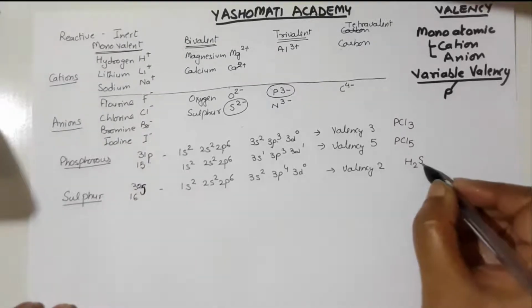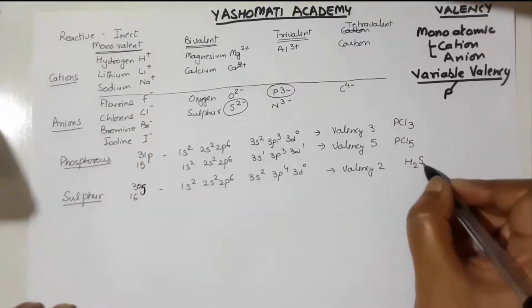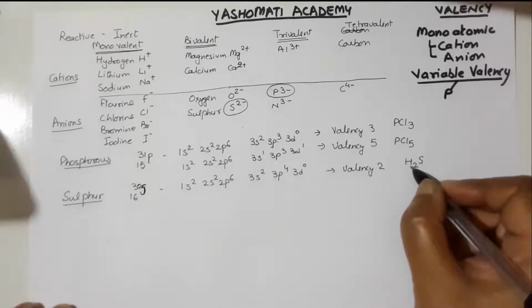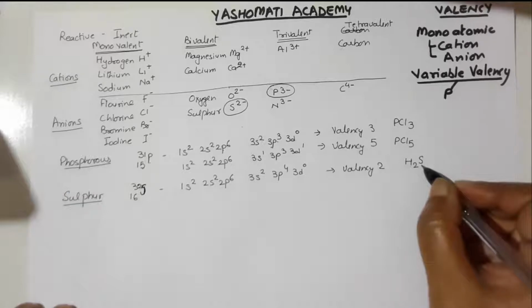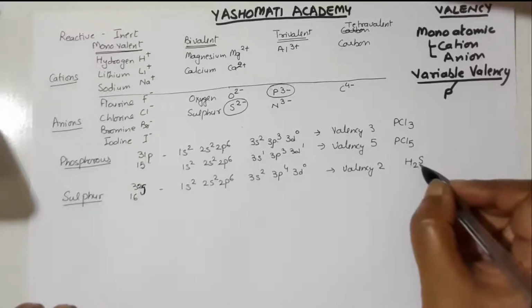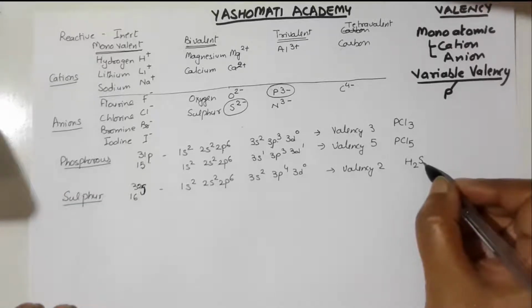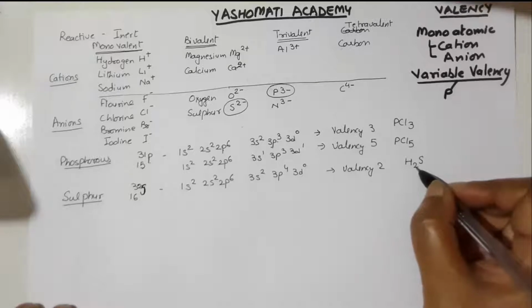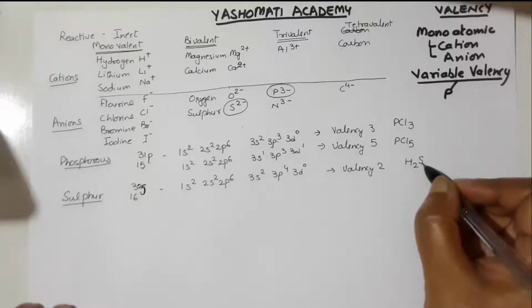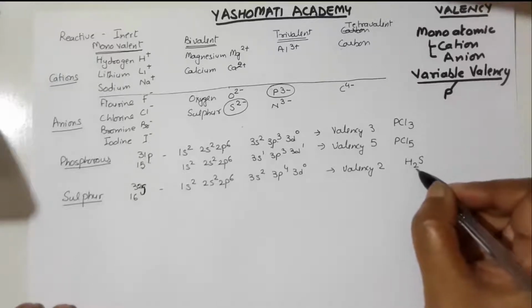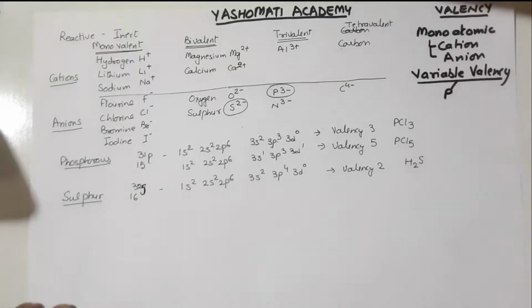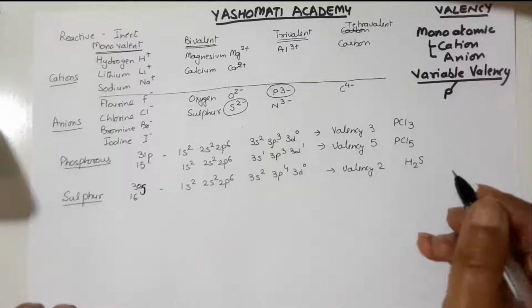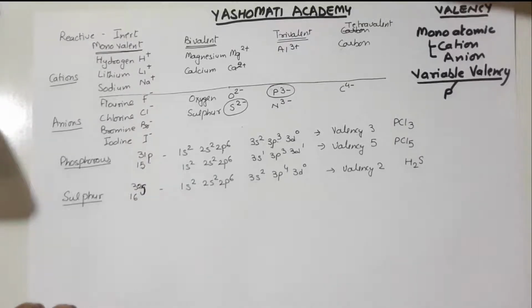Here sulfur is showing valency 2 because it has capacity to combine with 2 hydrogen, and we had discussed the definition of valency as the number of hydrogen atoms that can combine with an element, that is also called its valency. So valency of sulfur in H2S is 2. But not only 2, it can also show valency 4 and valency 6.